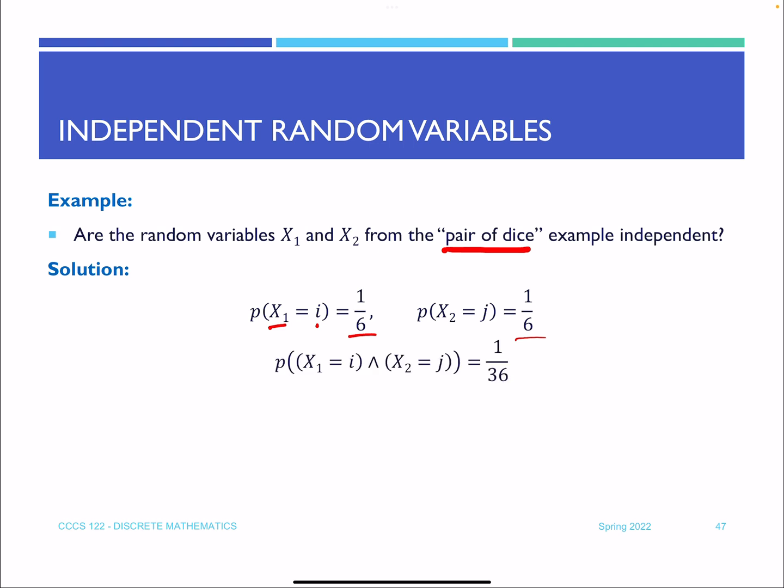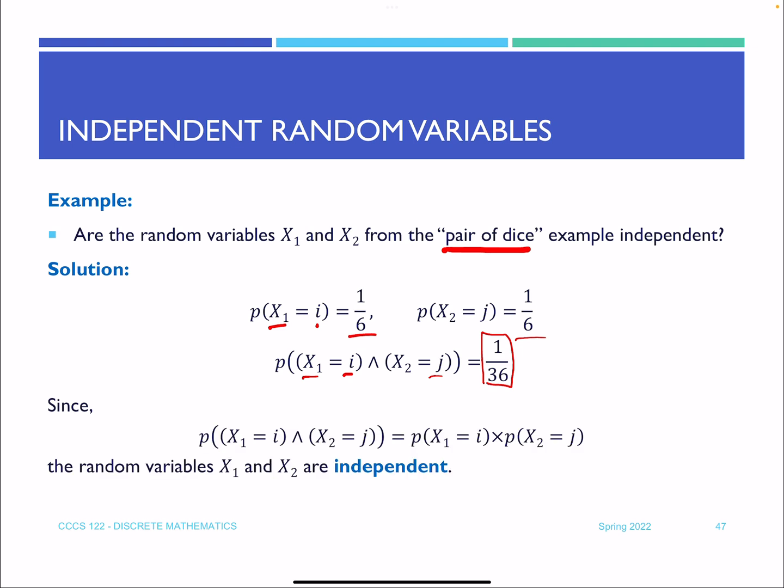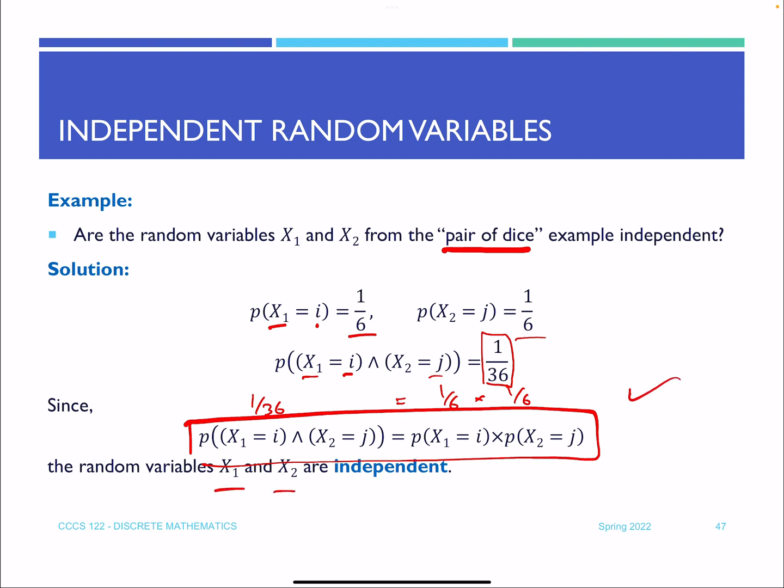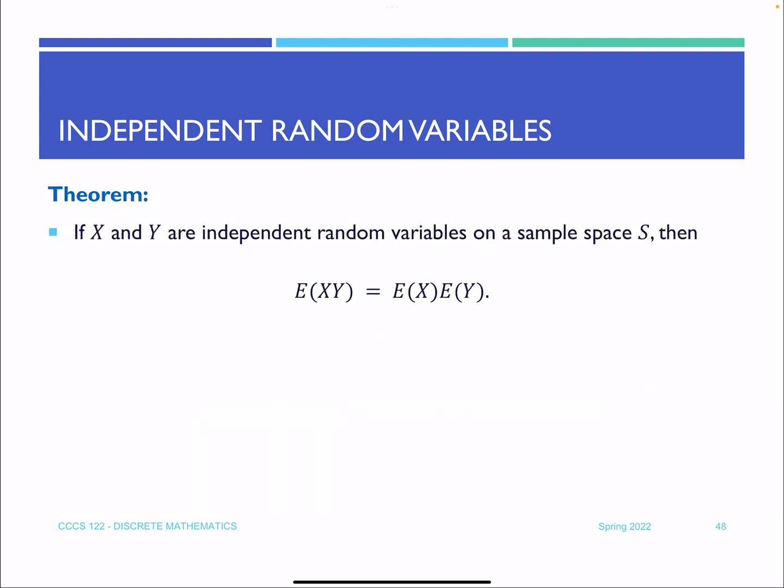The probability that x1 takes on some value i and x2 takes on some value j, remember, each combination of outputs had a probability of 1 by 36. You can already see where this is headed. Yes, this holds. 1 by 36 is equal to 1 by 6 multiplied by 1 by 6. So x1 and x2 from that experiment are in fact independent.